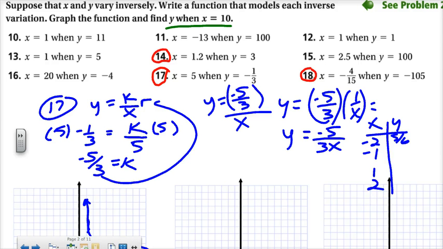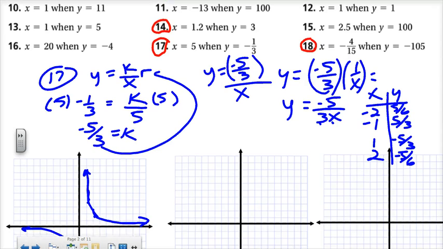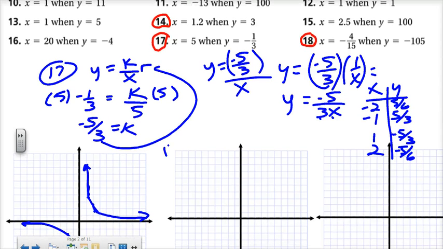A negative 1 in for x, 3 times negative 1 is negative 3, negative 5 divided by negative 3 is 5/3. Then we put a 1 in there, and that would give us 3 times 1 is 3, so that's going to be negative 5/3. No shock there as we see the symmetry. You put a 2 in and you get negative 5/6. So we need to graph number 17 at negative 2, 5/6.